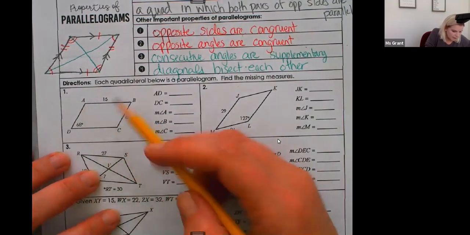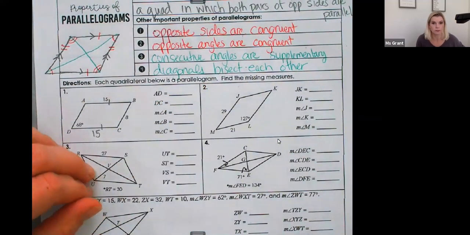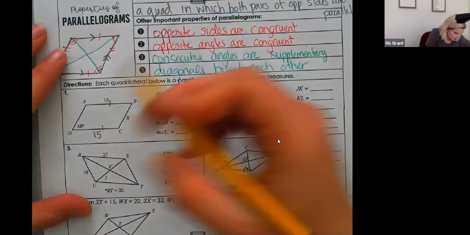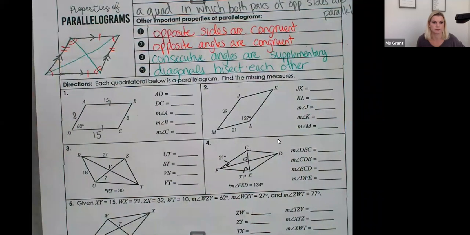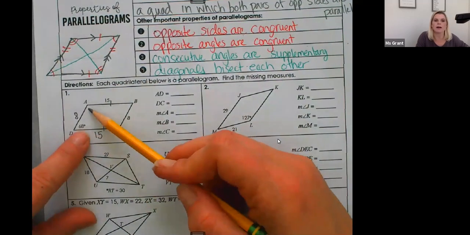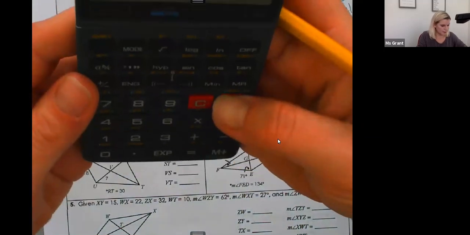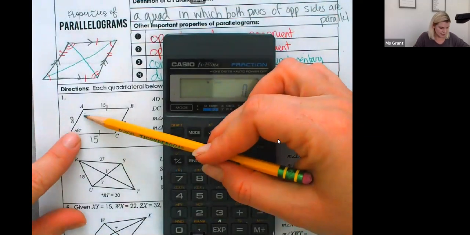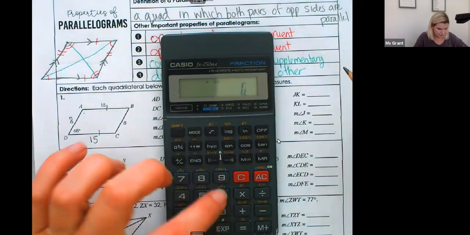15, its opposite side is also 15. True? 8, its opposite side is also 8. Okay, then the 68. Hey, remember we just talked about consecutive. What's A plus D? 180 minus 68.